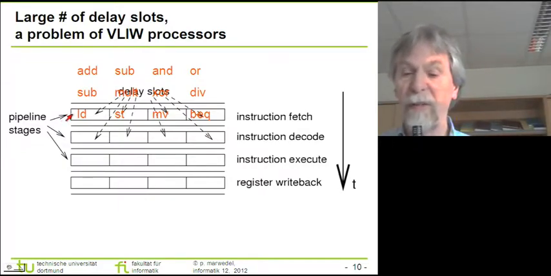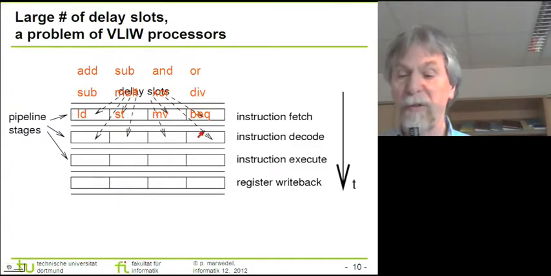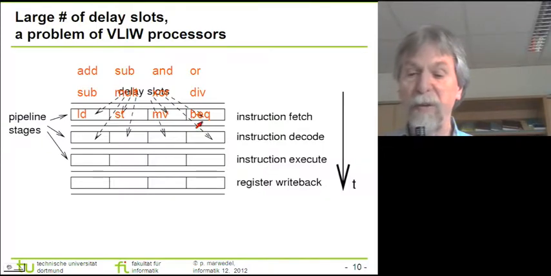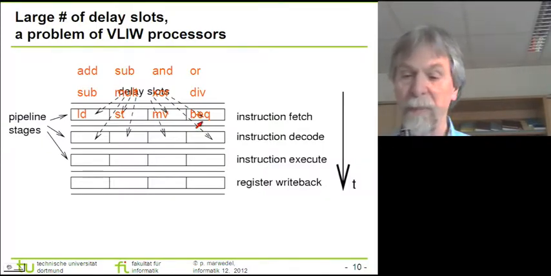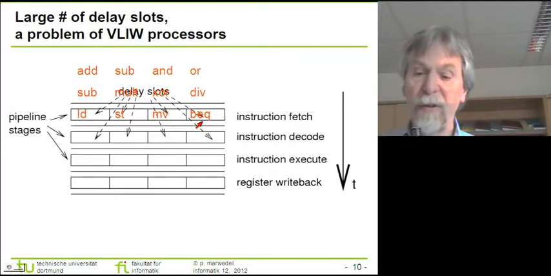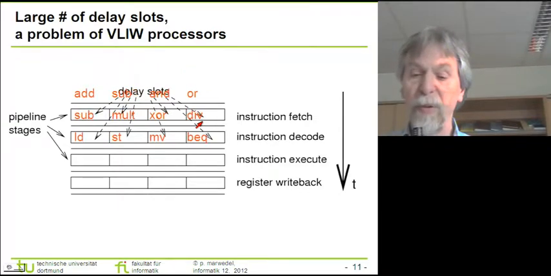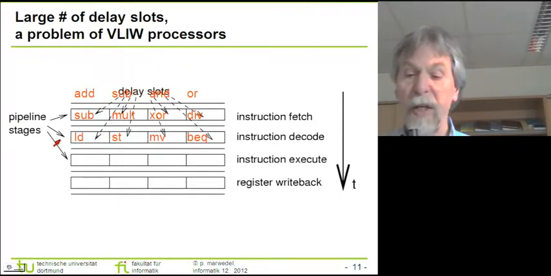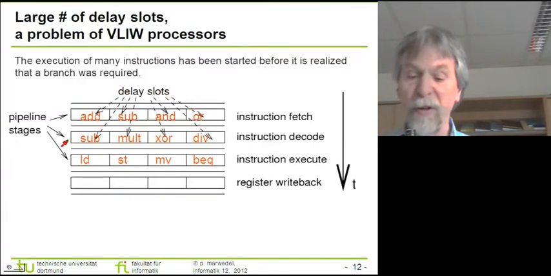So like in this case, we are inserting into the pipeline 4 different instructions, and in this example I'm assuming that one of them is a branch if equal instruction. Now if we execute this stream of instructions, the different instructions will be moved into the pipeline. We will be decoding all these instructions, and we will be starting to execute all these instructions.